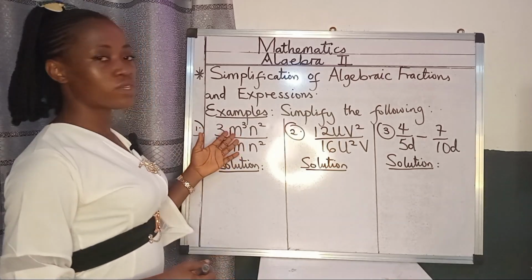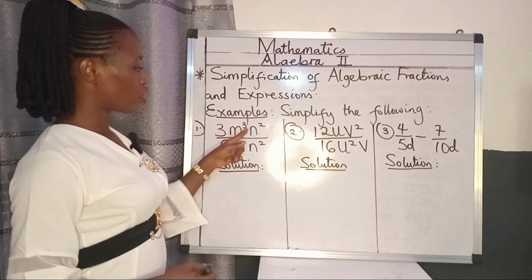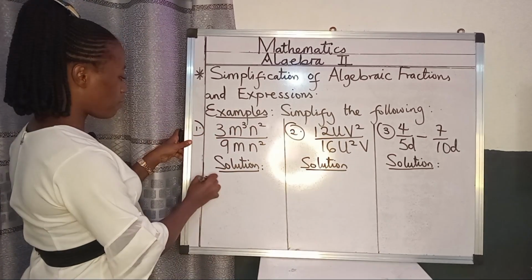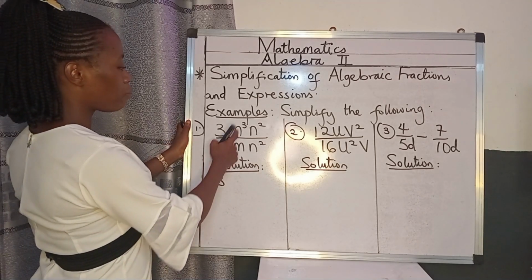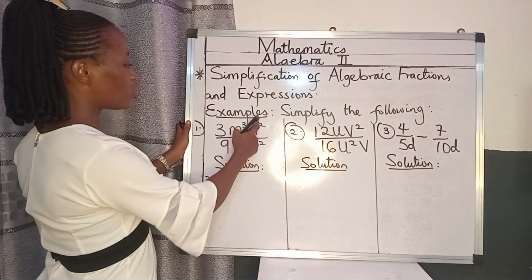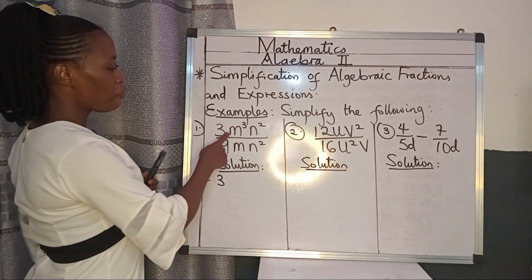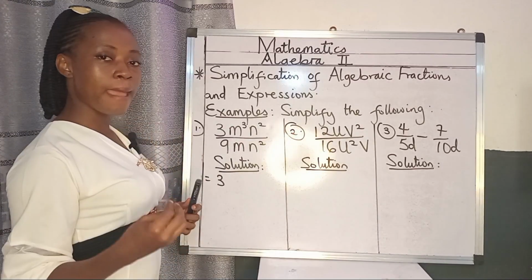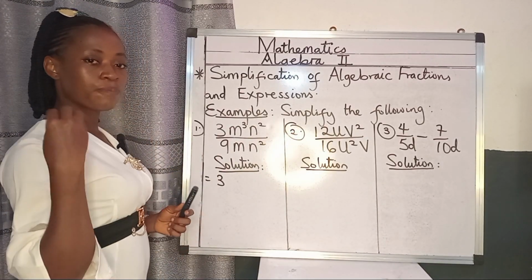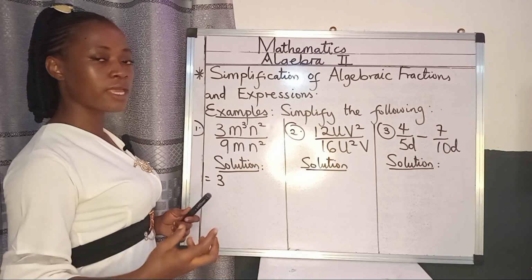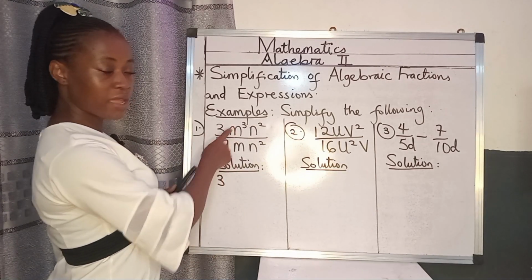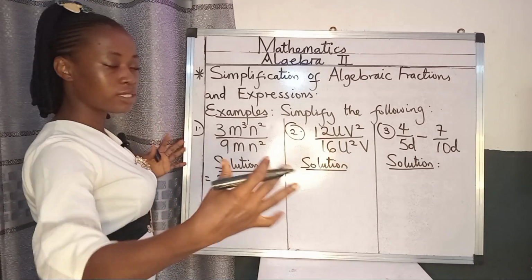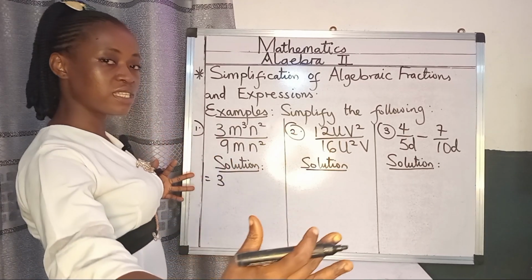The numerator talks about the numbers at the top, the denominator the ones down. So the numerator, the numbers at the top, I have 3 and I have m raised to power 3, I have n raised to power 2. Now m raised to power 3 means m in 3 places, that is m times m times m. Now this 3m means 3 times m. So I'm going to expand this expression.